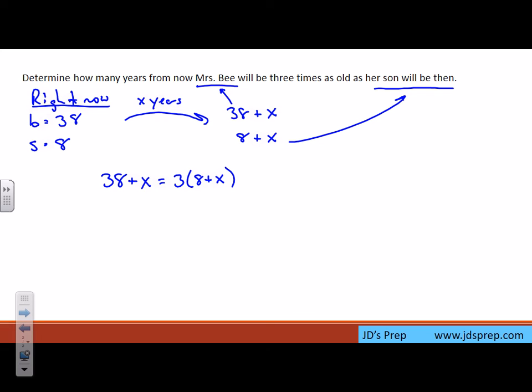There's nothing for us to do right now on the left side, but we would like to distribute the 3 over on the right. So we have 38 plus X on the left side still. Distributing the 3 on the right gives us 24 plus 3X.